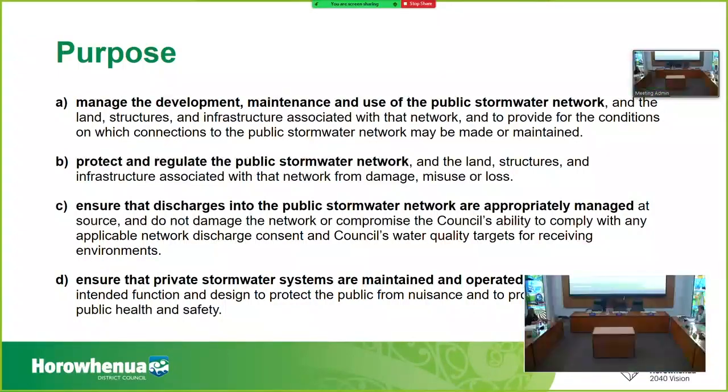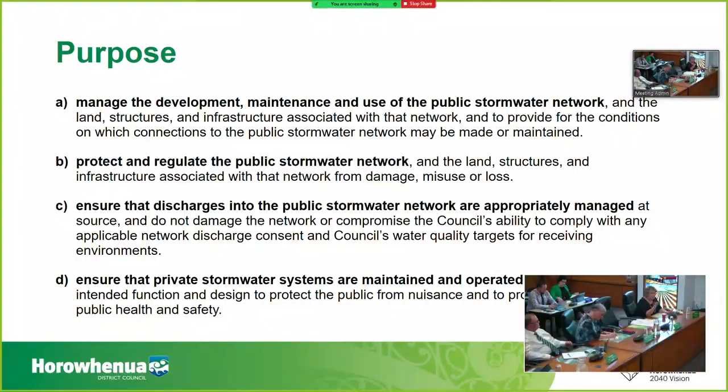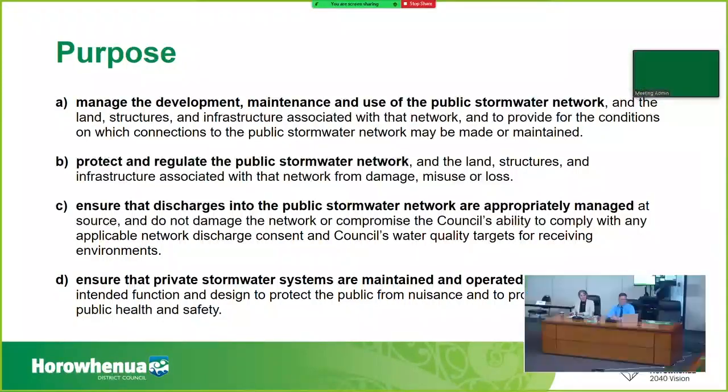But I heard Daniel say it was very cool that it was about education or bringing people along. Is there a place for that statement in the purpose, about bringing greater understanding across the district of how stormwater networks operate? So part of this, there will be a huge education campaign, and we will provide that education to our community.